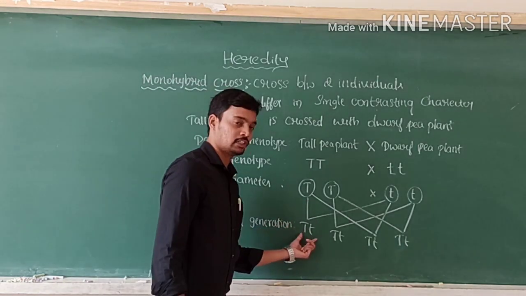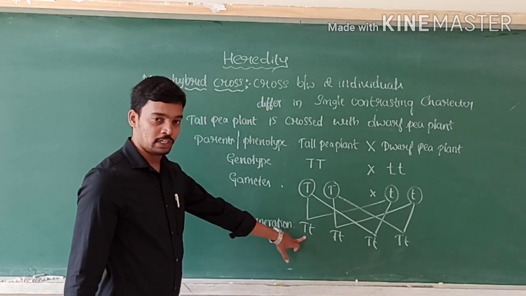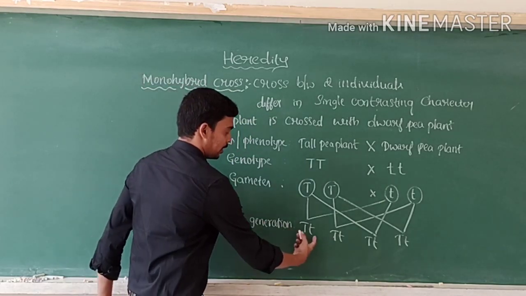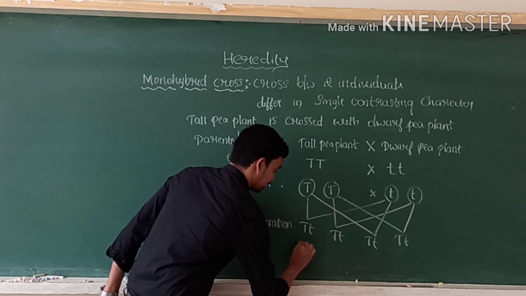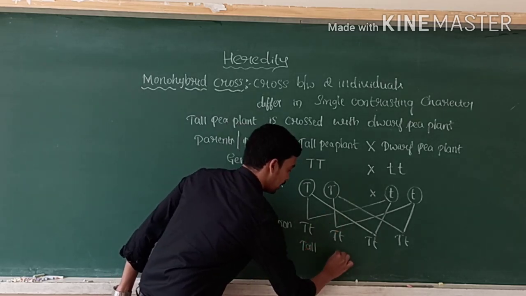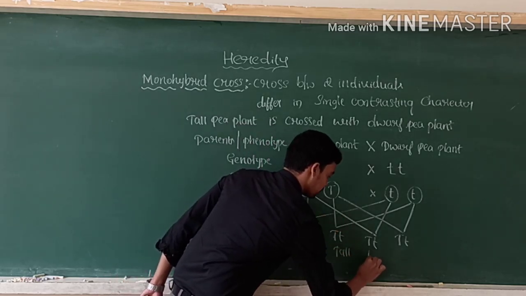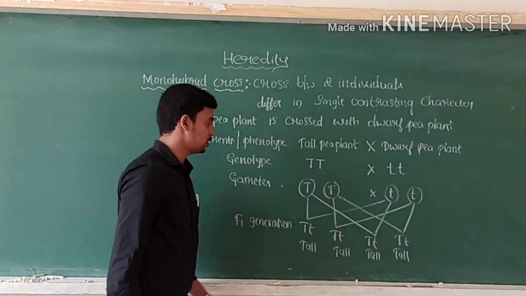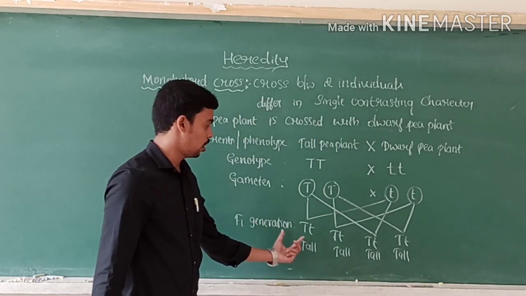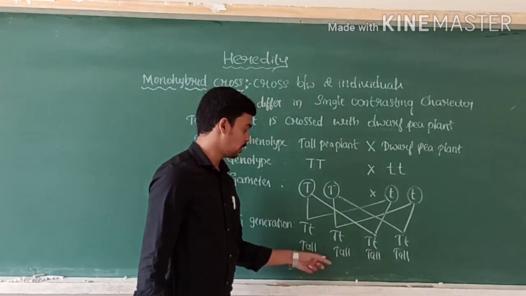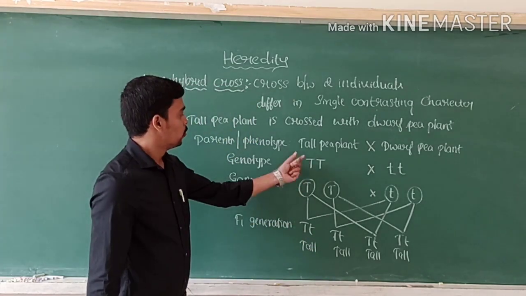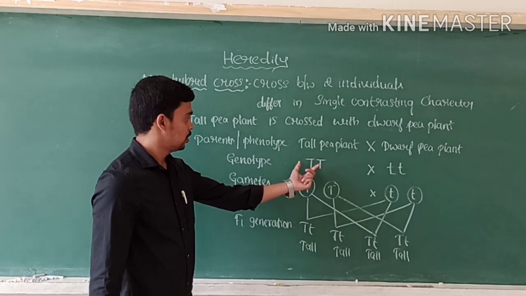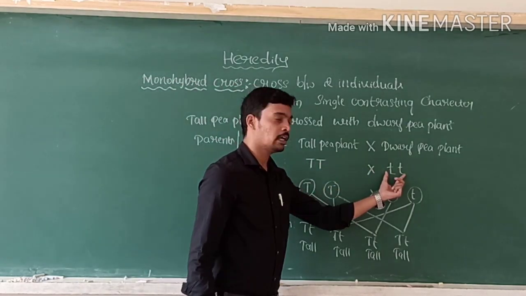Then what is the characteristic of these progenies? Okay, here capital T and a small t, and its character is tall. Here also tall. All the progenies which occur in the F1 generation are tall in nature. But here one parent is homozygous tall, and the other is also homozygous.